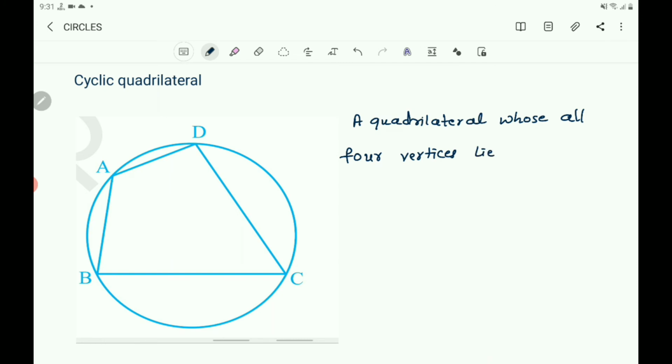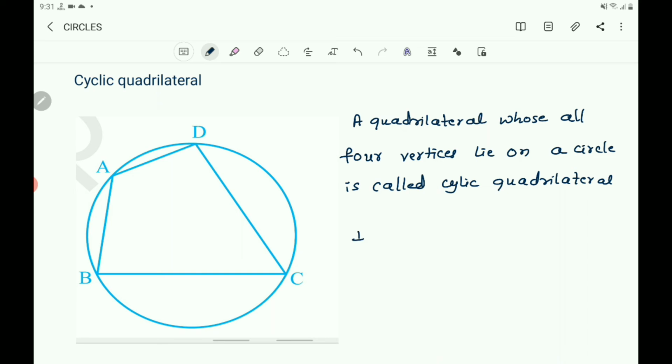A quadrilateral whose all 4 vertices lie on a circle is called cyclic quadrilateral.